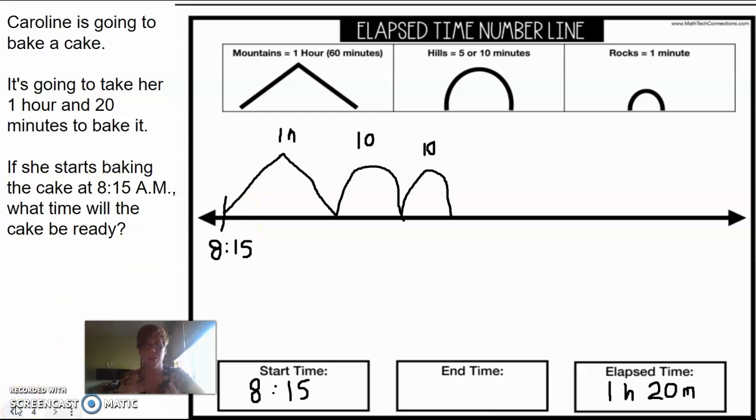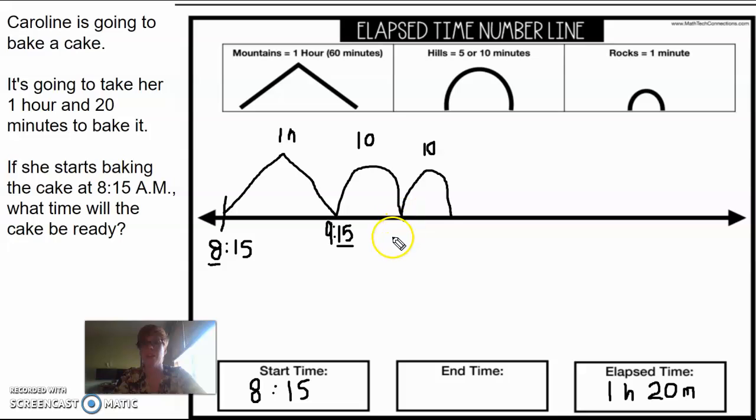All right, our paper is all set up, ready to go. If yours did not look like mine, fix it right now. You need to have 8:15 and then 1 hour, 1 mountain, and then 2 hills. So at 8:15, we're going to add just an hour. Well, what's 1 more than 8? It's 9. 9:15. We're going to then add 10 more minutes. I'm going to underline the minutes place.